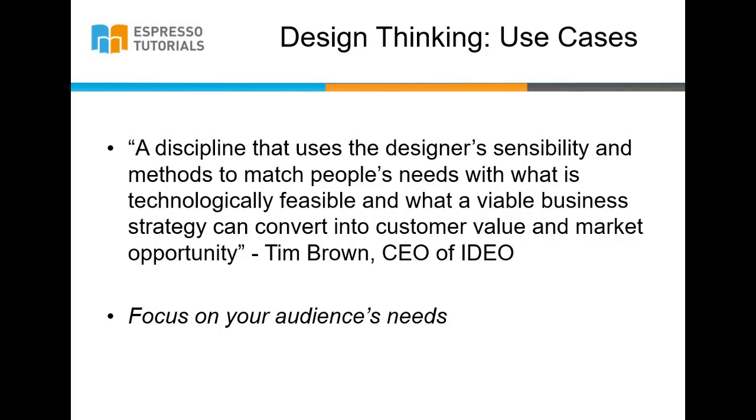The book has this definition from Tim Brown, the CEO of IDEO, and he defines it as a discipline that uses the designer's sensibility and methods to match people's needs with what is technologically feasible and what is a viable business strategy. And what a viable business strategy can convert into customer value and market opportunity.